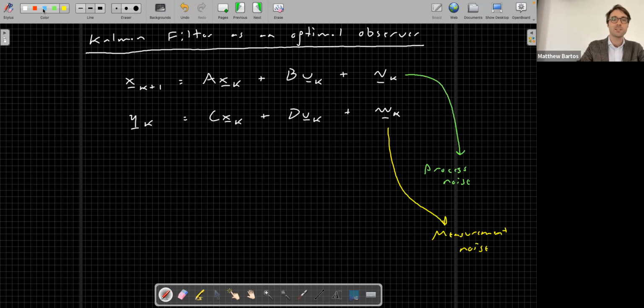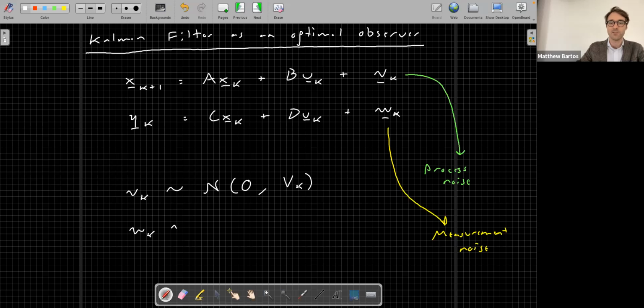And for the Kalman filter, we're going to assume that both of them are Gaussian. So both are going to be vectors of Gaussian noise with zero mean and a covariance given by this matrix, V_k for the process noise.